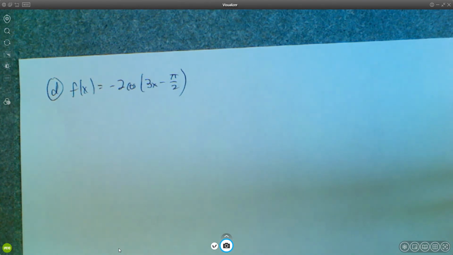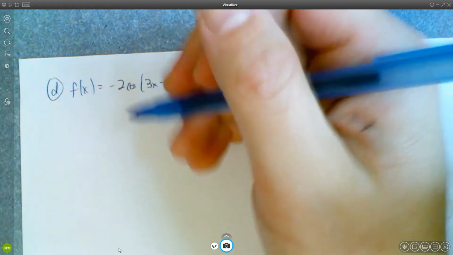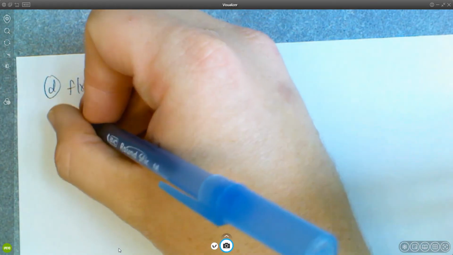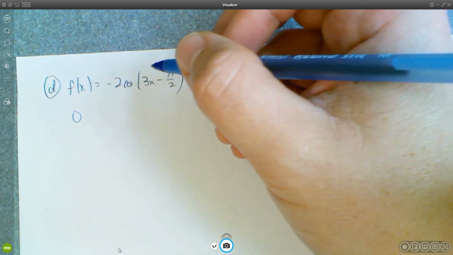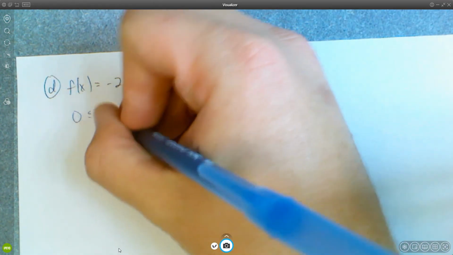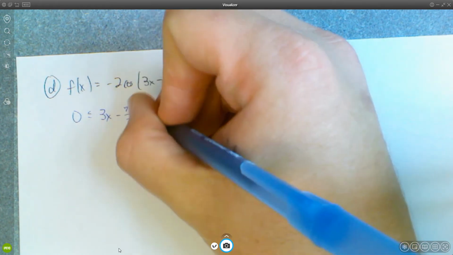Okay. So let's do this. I'm going to start off graphing this the same way that we usually do. I'm going to pin 3x minus pi over 2 between 0 and 2 pi, and then solve for x.